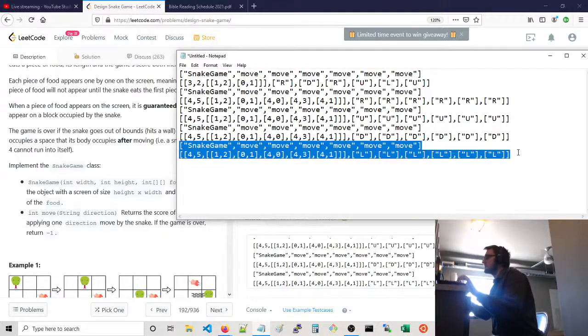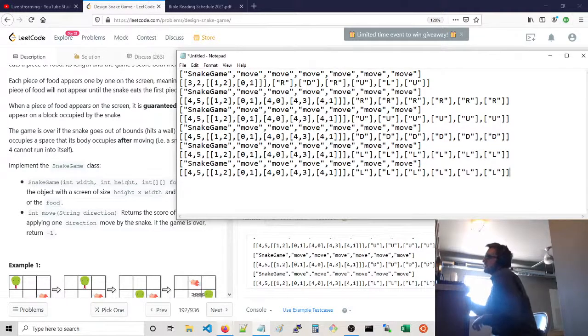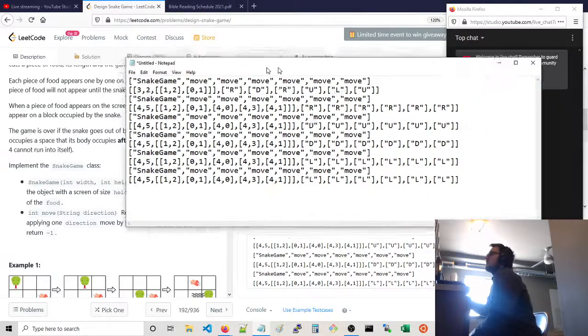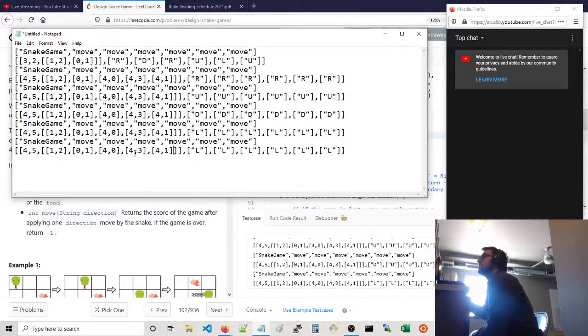So this one now, what we want to do is pick up enough food. So we got to get to size 4. So 3 pieces of food will end up at size 4. We want 4 pieces of food. So we got 1, 2, 3, 4 pieces of food.